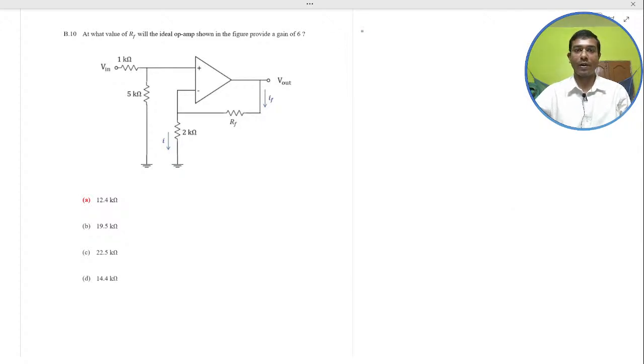Simple, just formula. Vs is equal to voltage input into 5 by 5 plus 1. This is the V input into 5 by 5 plus 1 means 6. Non-inverting amplifier here.